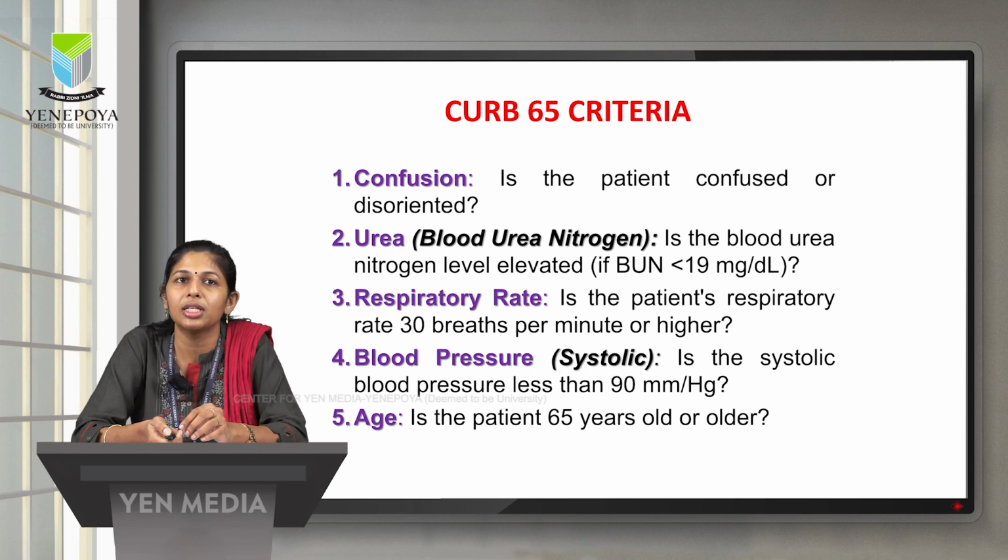Then the last parameter is the age of the patient. If the age of the patient is 65 years or more, you can give a score of 1. So you have to remember that here we are mainly focusing on 5 parameters: confusion; U for urea, that is blood urea nitrogen; R for respiratory rate; B for blood pressure of the patient; and 65 for the age of the patient.